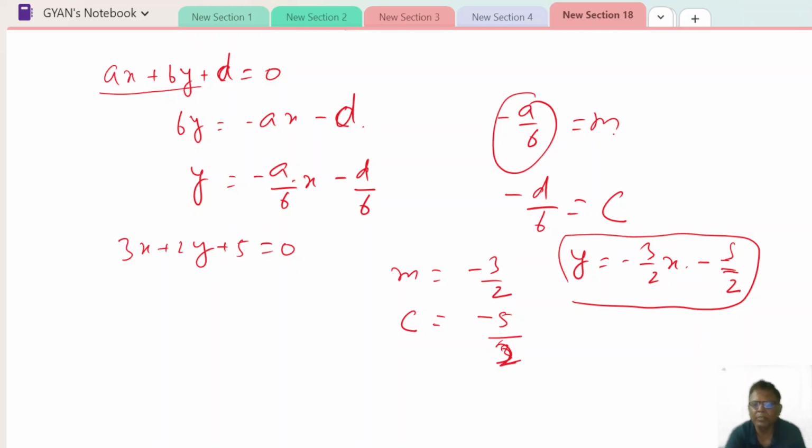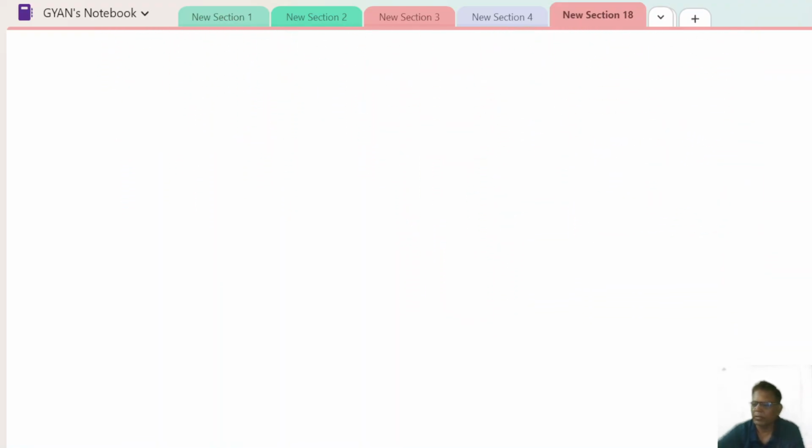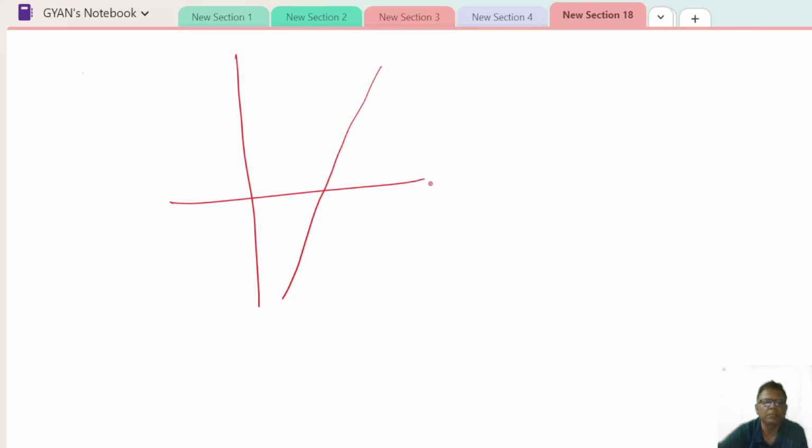So now I'll come to the seventh form of the equation. That is the parametric form. So suppose a line is there. This is the angle theta. Some point is (x1, y1). Here some variable point (alpha, beta) is there. So what is alpha?